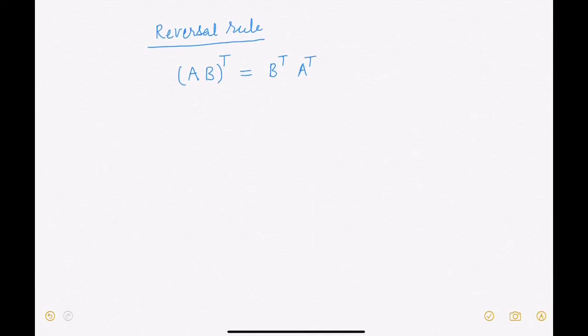That is, when we take the transpose of the product, the positions of A and B get reversed. We do not obtain the transpose of AB as A transpose B transpose; we obtain the result by reversing their position. This is called the reversal rule.